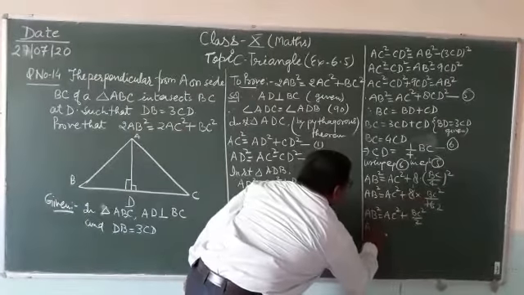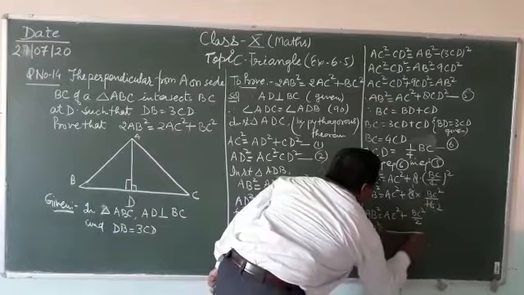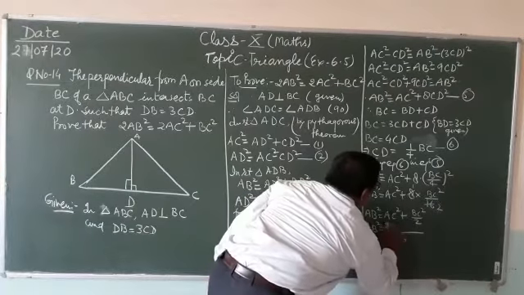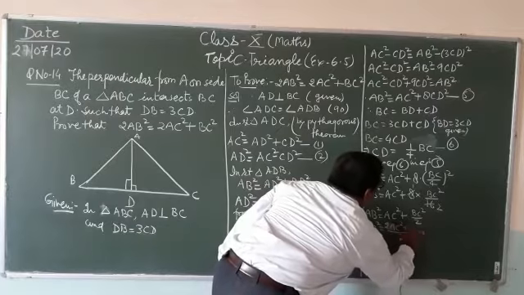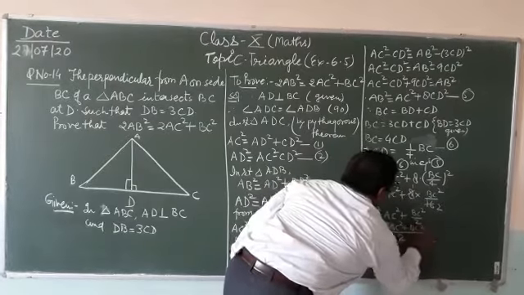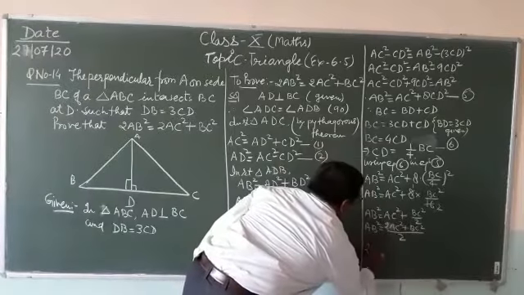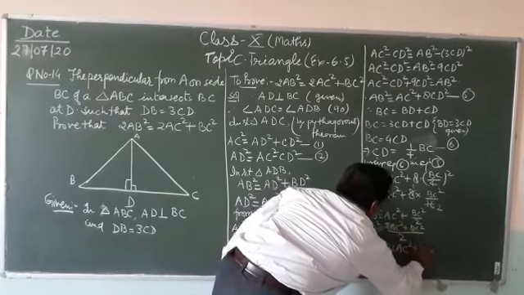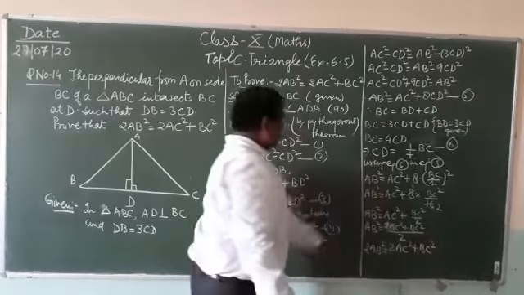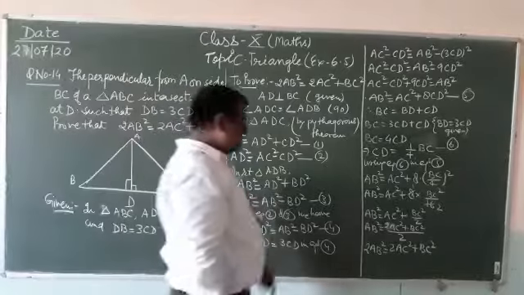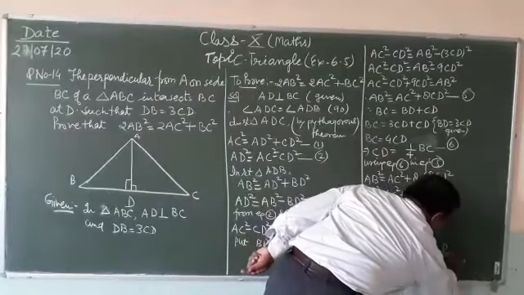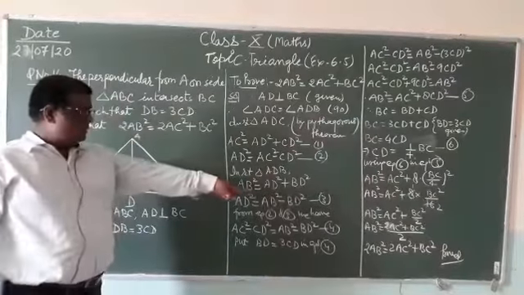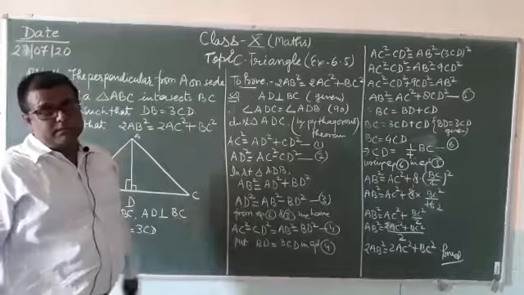AB square is equal to 2AC square plus BC square, all over 2. Now this 2 is taken to the other side, therefore 2AB square is equal to 2AC square plus BC square. See, here this is our proof, hence proved. Okay, thank you.